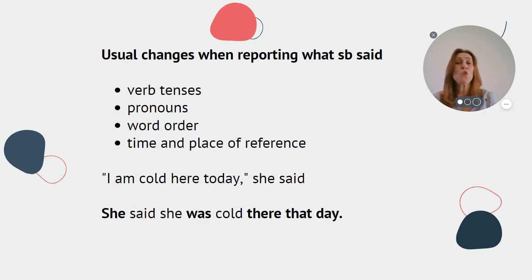So, what are the usual changes that we need to make when reporting what somebody said?